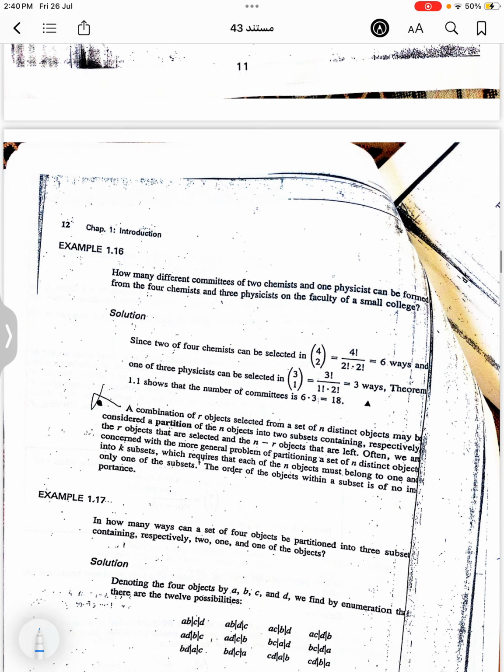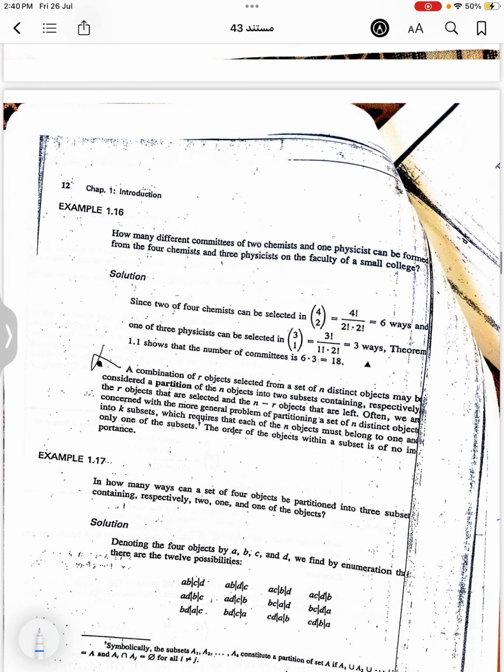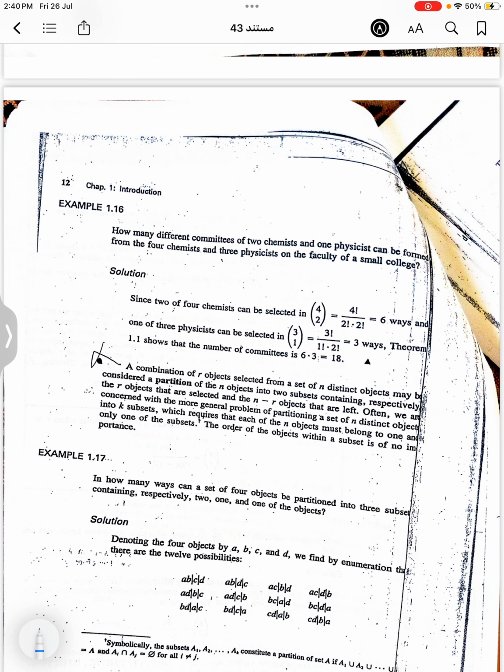Suppose that we have this example. In how many different committees of 2 chemists and 1 physicist can be formed from 4 chemists and 3 physicists on the faculty of a small college? First of all, the number of ways for chemists is 4 over 2, which is 4 factorial over 2 factorial times 2 factorial.